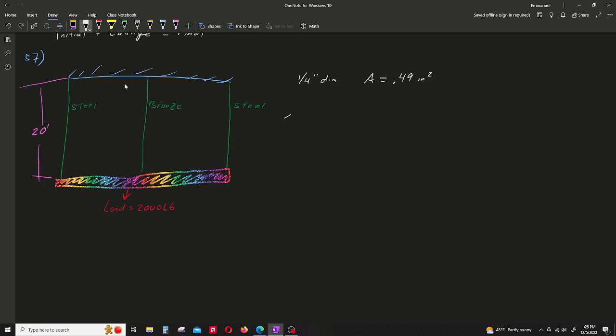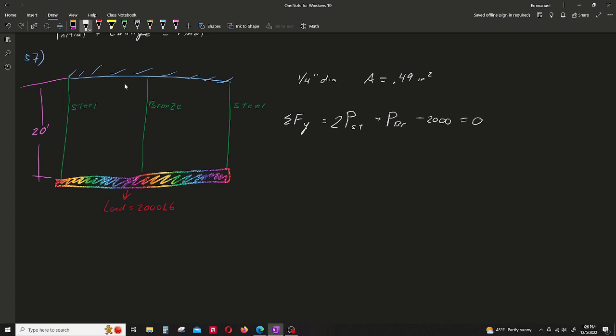So up first we have the sum of our forces in the y direction. That's going to be equal to 2 times our steel, and then 1 for our bronze. We only got 1 bronze and 2 steel, and then minus our 2,000 that's pulling down there, and that's going to be in equilibrium.